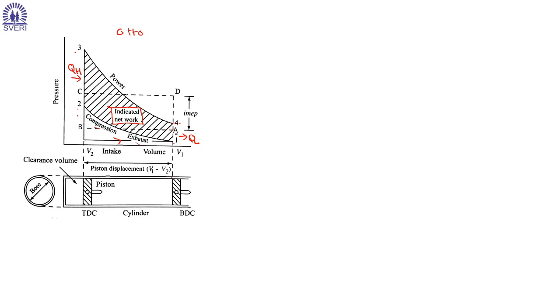There is a rectangle A, B, C, D, and the area of this rectangle is equal to the area enclosed inside this Otto cycle.